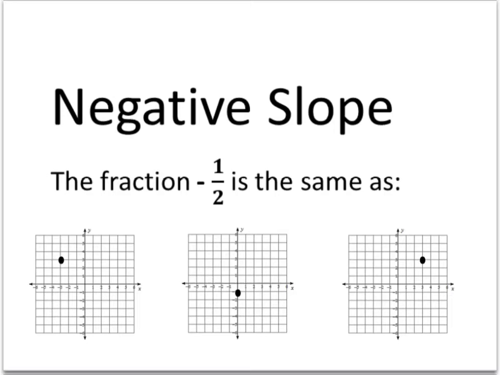Now with the negative slope, the first part is telling you the fraction negative 1/2 is the same as negative 1 over 2, and it's the same as 1 over negative 2. Why? What rule tells me that?